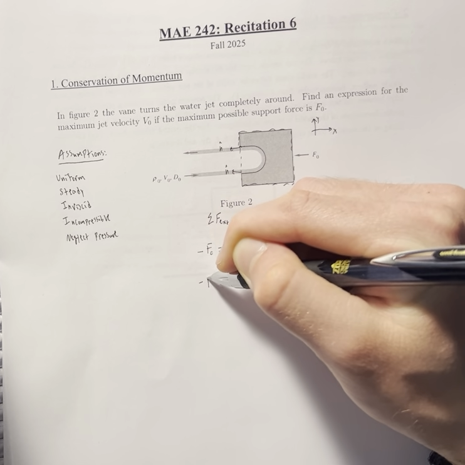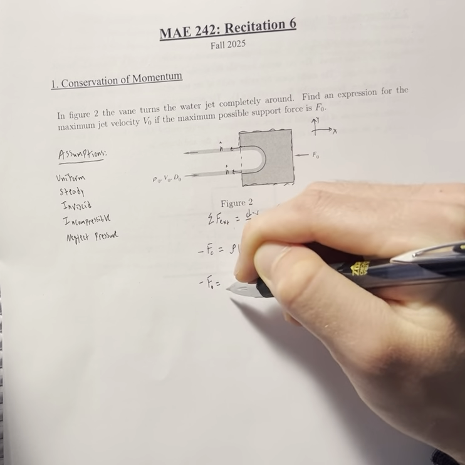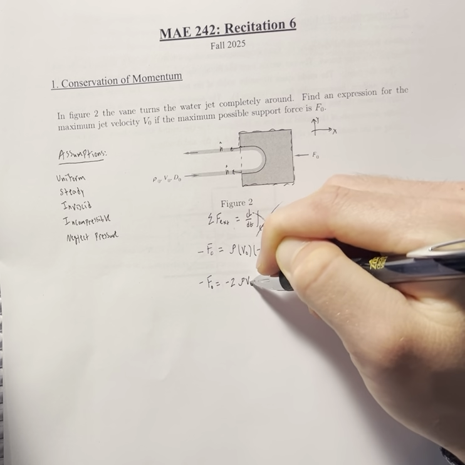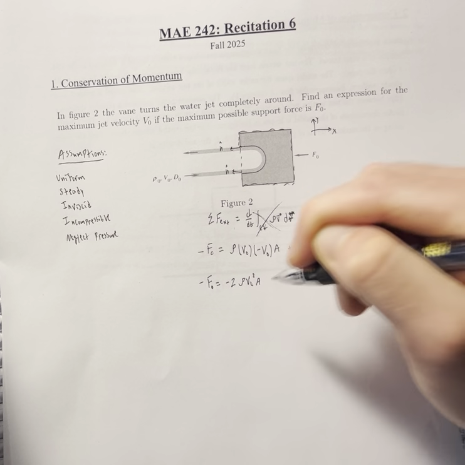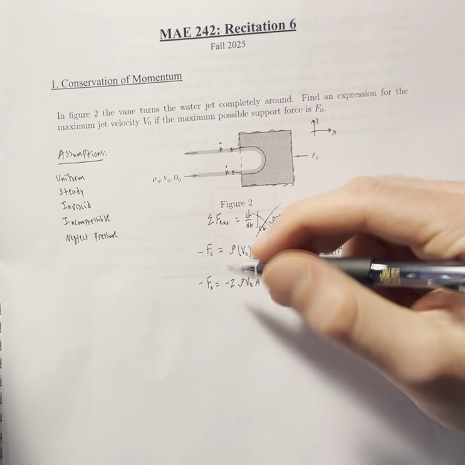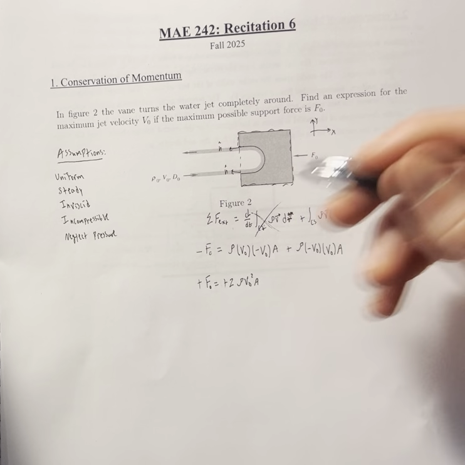So now, we've got negative F naught equals negative 2 rho V naught squared A. We're solving for V naught, right? So just keep solving. I'm going to drop the negatives.